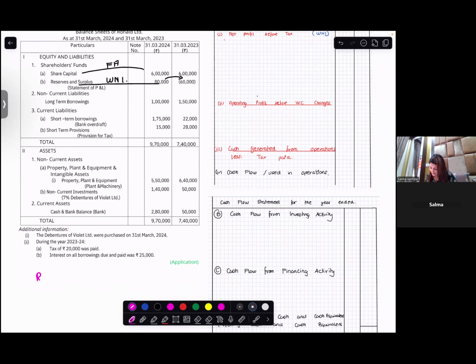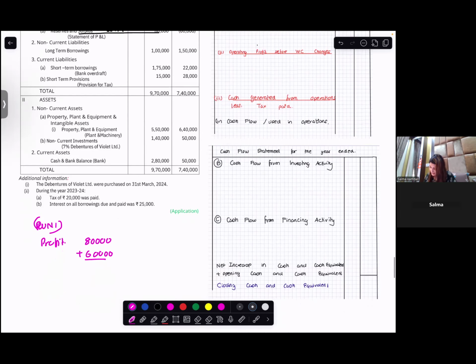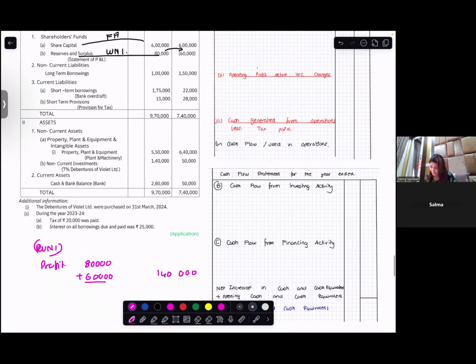So when there is a reserves and surplus, I'm going to make my working note number one. Profit as per the reserves and surplus, so it is closing minus opening, so it would be 80,000 plus 60,000 because it's minus of minus 60,000. So my profit is 140,000. Okay, I'm not doing anything right now. I'm just reading, analyzing, and putting.